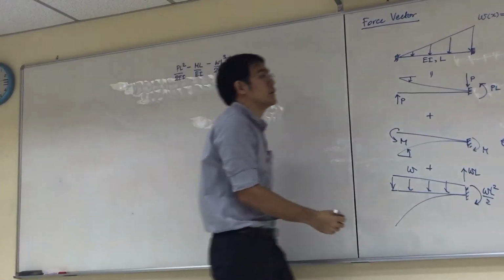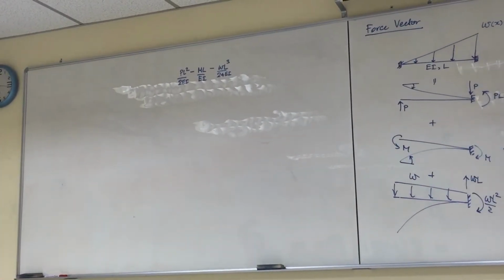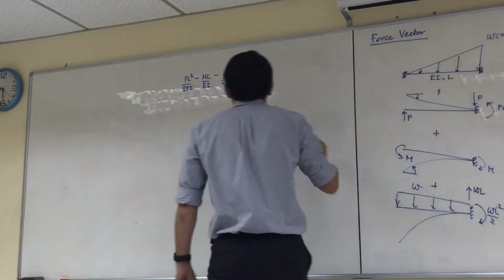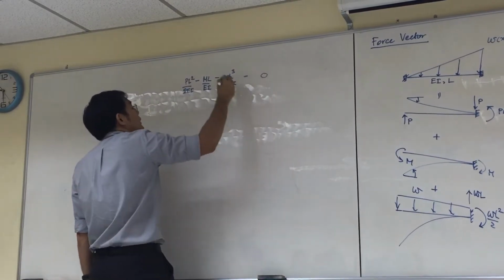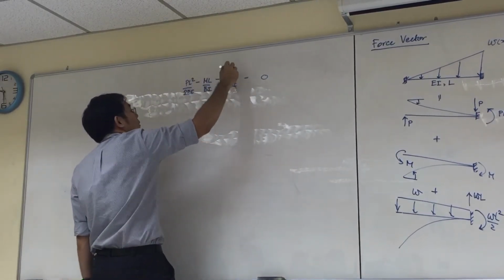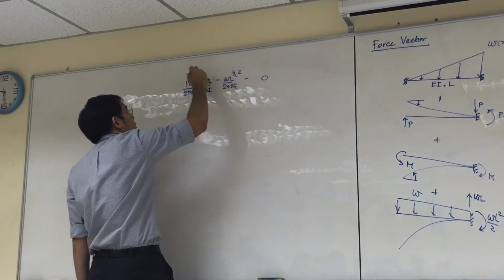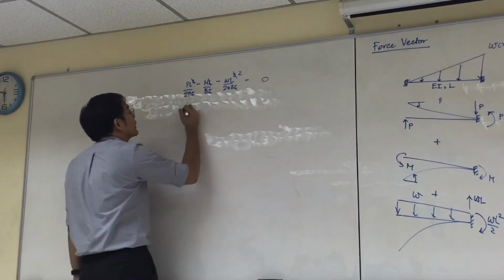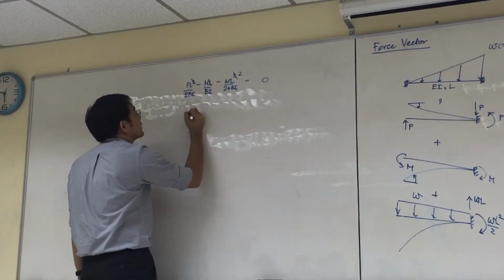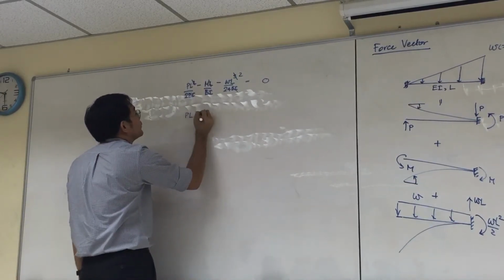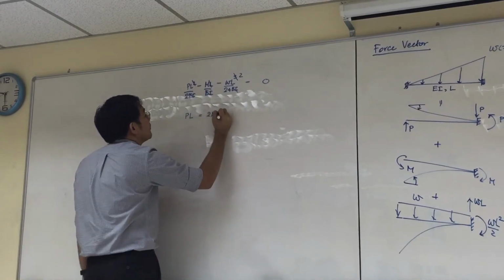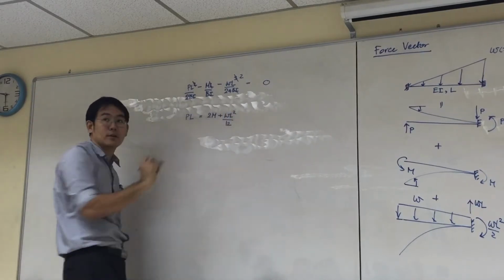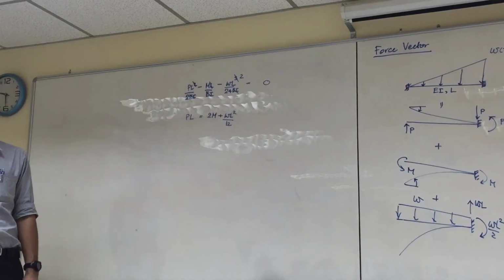You need the EI here, sorry, I missed it out. Equals 0. Cancel, cancel, cancel, cancel, cancel, and cancel. So again, PL is equal to 2M plus WL square over 12. This is the first equation we work on.